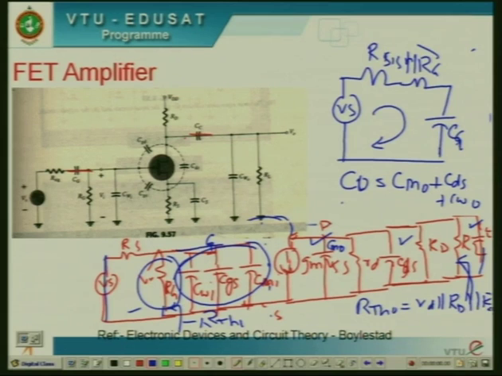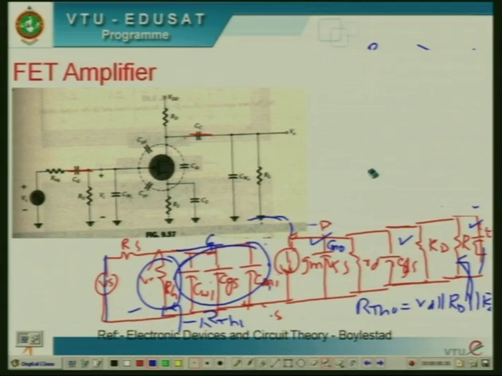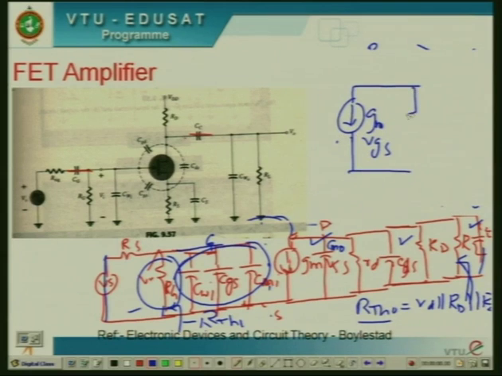Then the output circuitry is replaced with its equivalent circuit by considering this current source gm into VGS. Even if you find the RTHO, because the source is a current source, this resistance is in parallel with RTHO, and then you take this value at this point as CO. We need to find the response of this amplifier separately.